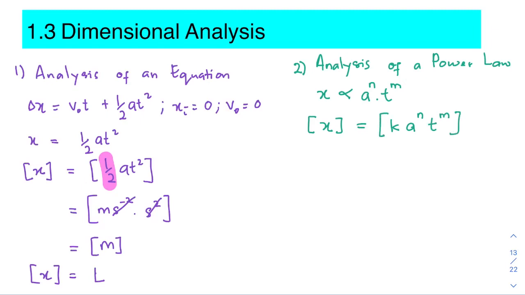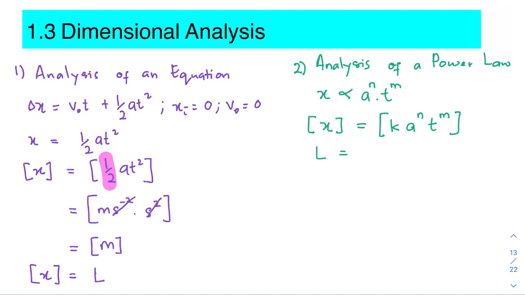Don't forget that we are now using the dimensional analysis technique. So in terms of x, when we replace it with the dimensional symbol, it's actually length, capital L. And k is a numerical value, so the k is going to be dropped because it has no units. It's only a number.